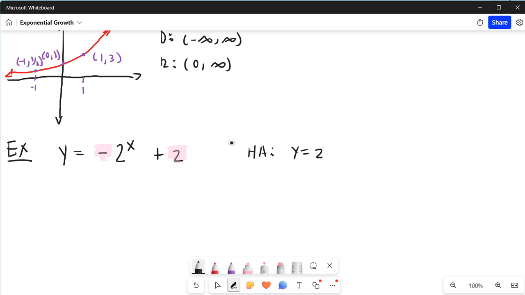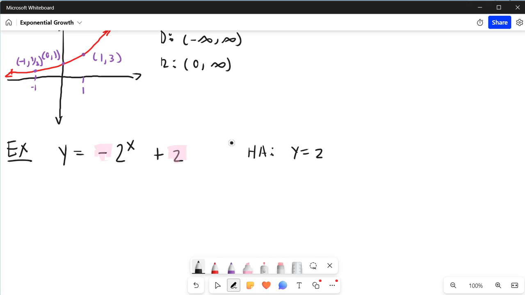Yes, because the horizontal asymptote would be y equals 2, right? So when I plug in 1, I expect that it was going to be 3, so it's up by 1 unit. Hopefully that makes sense. But then, because it's reflected, it's actually the opposite.